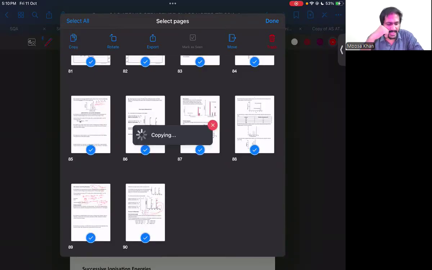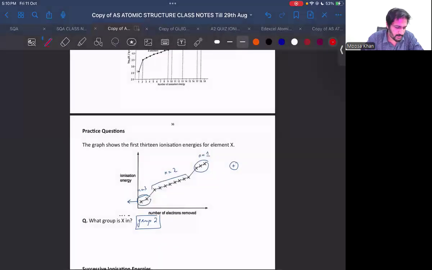Okay, the next topic that we have to study is isotopes. Can anyone of you define isotopes? What are isotopes?